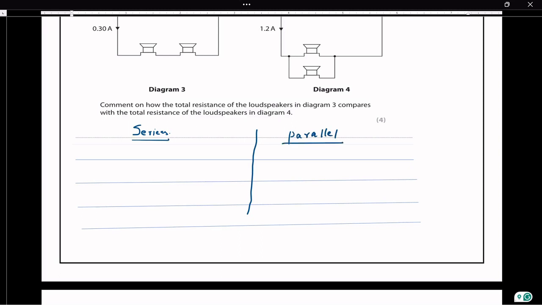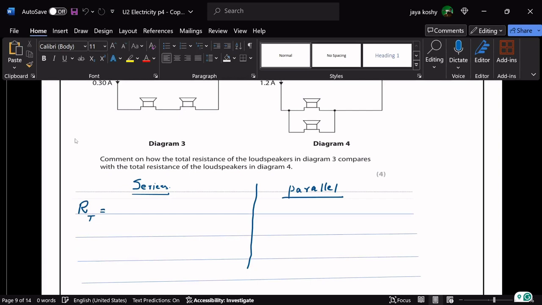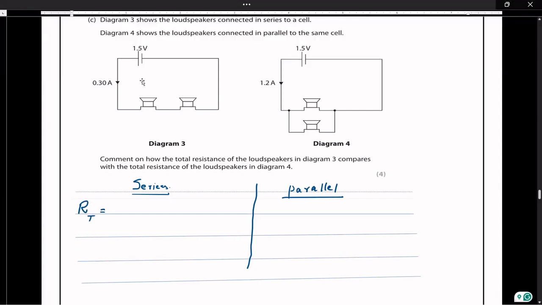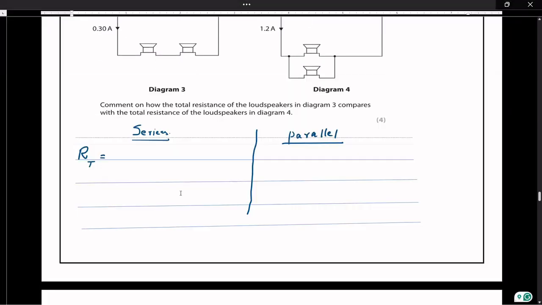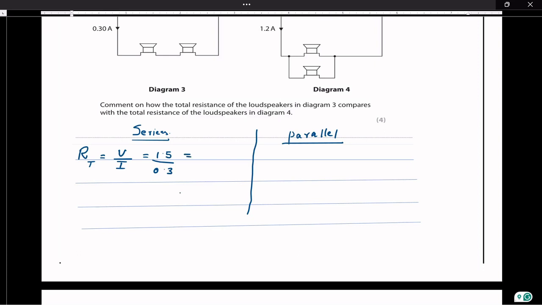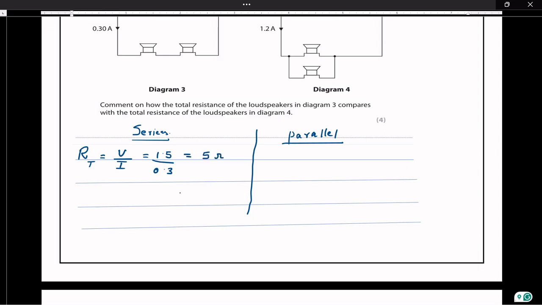So the total resistance R total for the series connection: we can see that the total voltage is 1.5 and current is 0.3. So resistance is voltage over current, which is 1.5 over 0.3, and this gives a total resistance of 5 ohms.